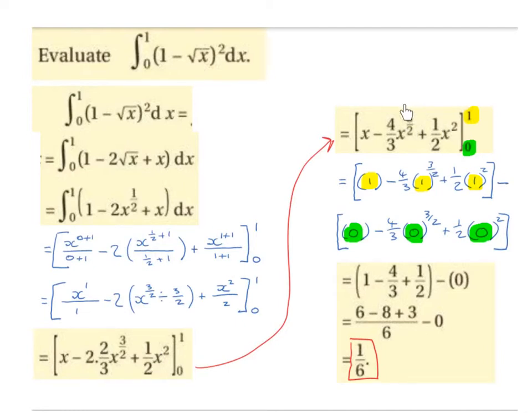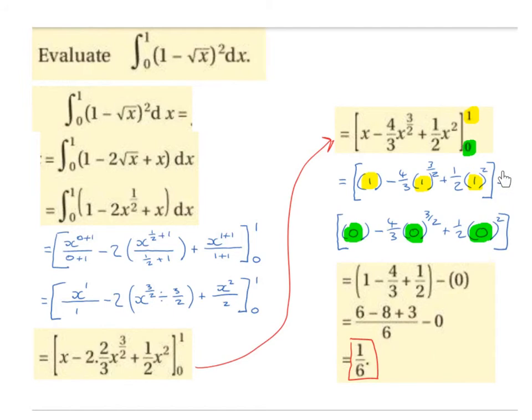So now we're going to write out what's inside the brackets and swap each x value for our upper limit, which is 1. So x just becomes 1, minus 4 over 3 x to the power 3 over 2 becomes minus 4 over 3 times 1 to the power 3 over 2, and a half x squared becomes a half times 1 squared.